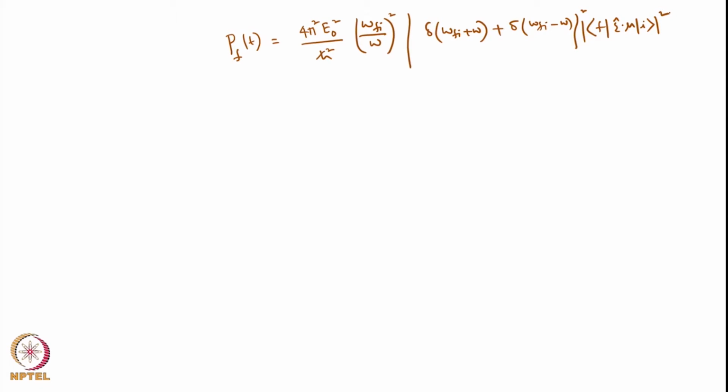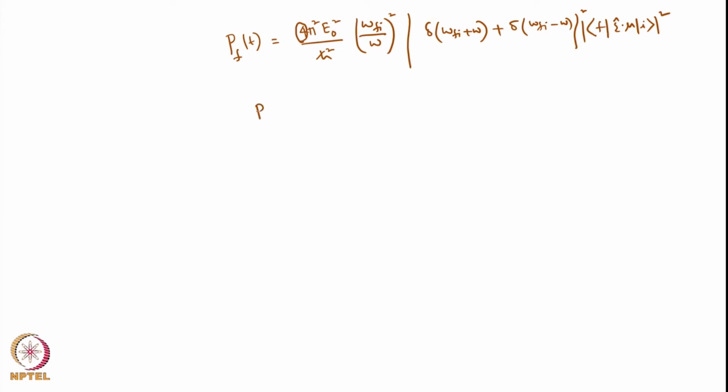Okay. I made a small mistake in the last lecture: this 4 does not exist, because when you write cos omega t you have 1 over 2. So when that comes out of the absolute square it will cancel the 4. There is a small mistake, but that is not going to change the way we look at the entire problem.